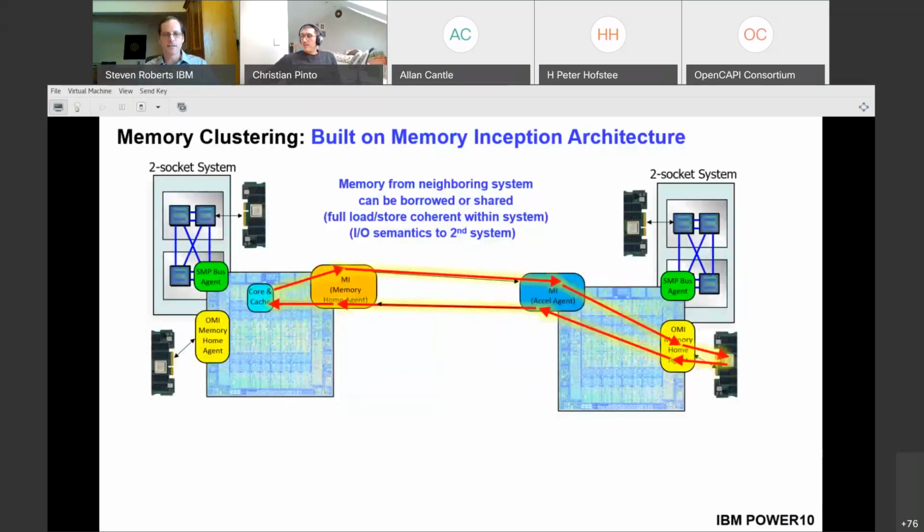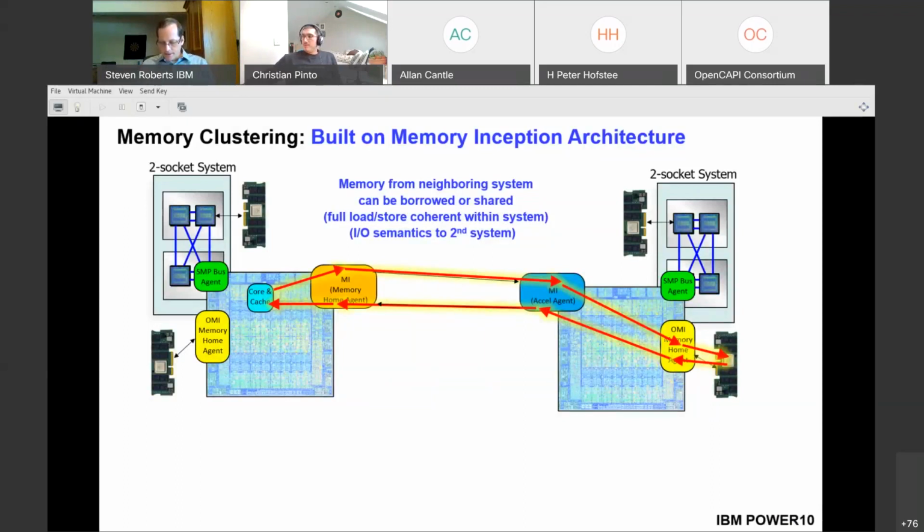So in this diagram, you can see that we don't have the FPGAs involved in the system anymore, but we have the MI now built on top of the previous OpenCAPI work, acting as a home agent on the borrower and an accelerator agent on the lender.